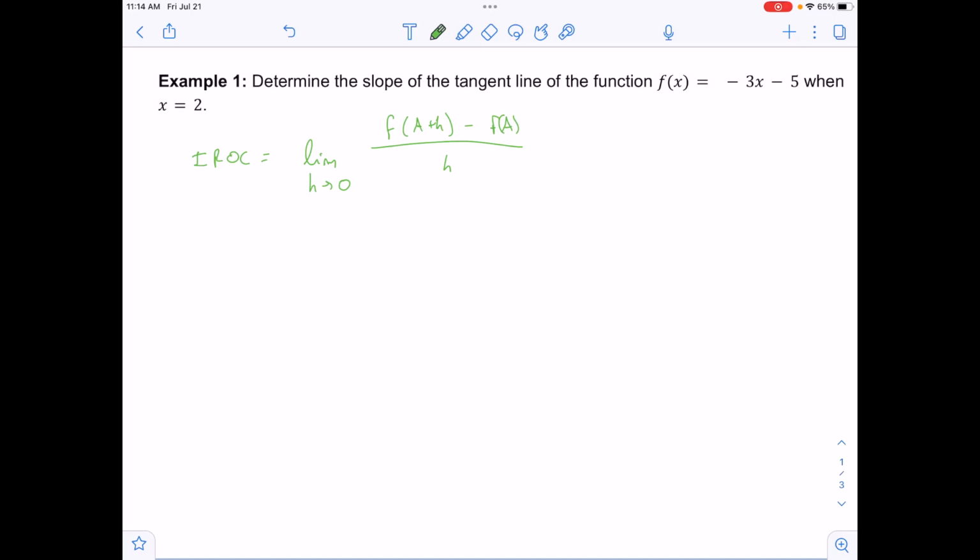Okay, what is my function here? My function is negative 3x minus 5. So I'm going to swap that in. Negative 3, a plus h minus 5, minus negative 3a minus 5, all divided by h.